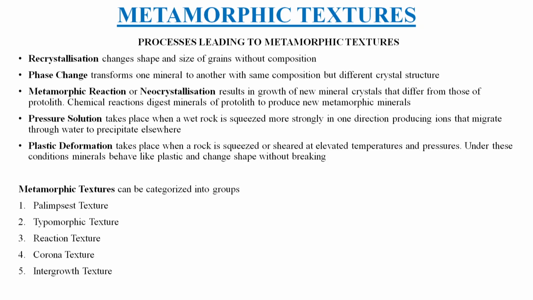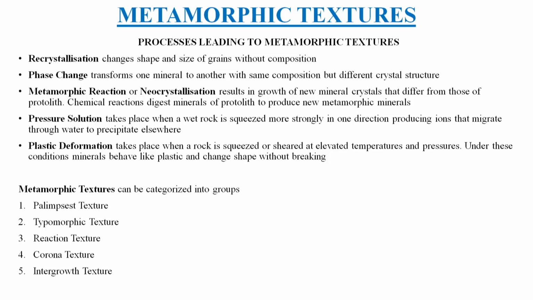The first one is obviously recrystallization, because we have talked about that metamorphism, generally speaking, is a solid to solid state transformation. So your minerals which have already crystallized should go into some kind of recrystallization, which means to form new minerals.